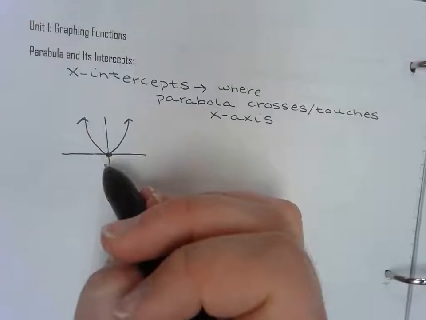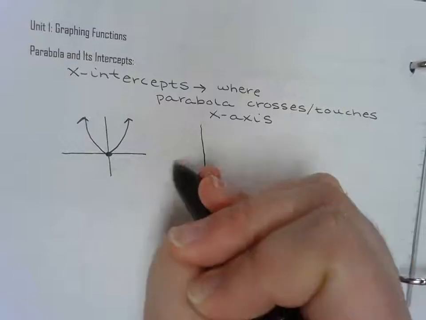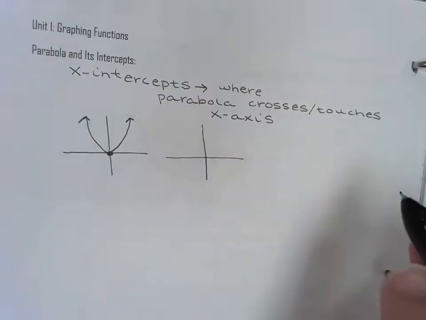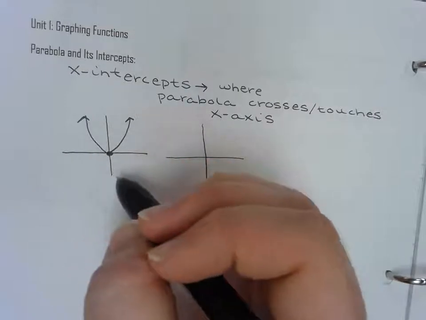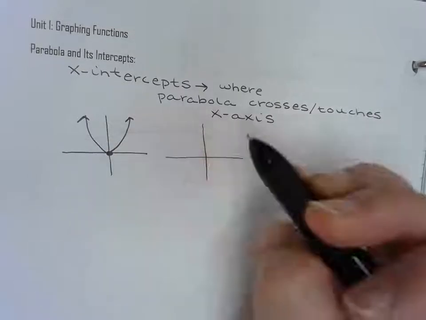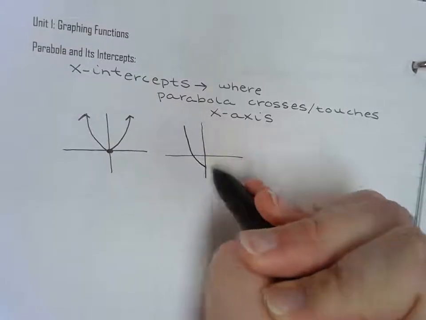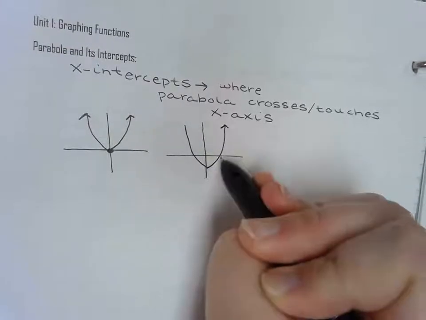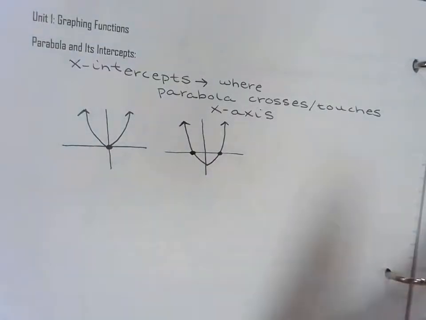What's going to happen if the point where it touches is not the vertex? Then there's going to be how many? If I start moving this down, I'm always going to have how many intercepts? 2. So if I move it down, something like this, I could have 2. Normally you're going to have 2 x-intercepts.